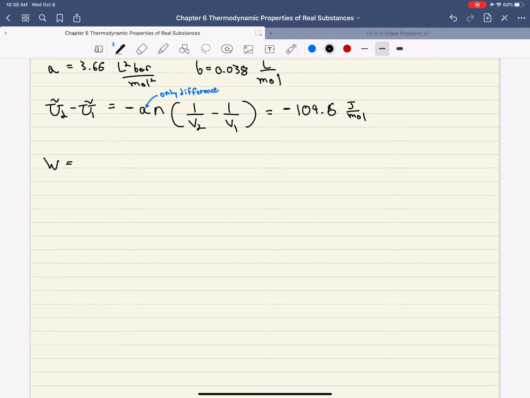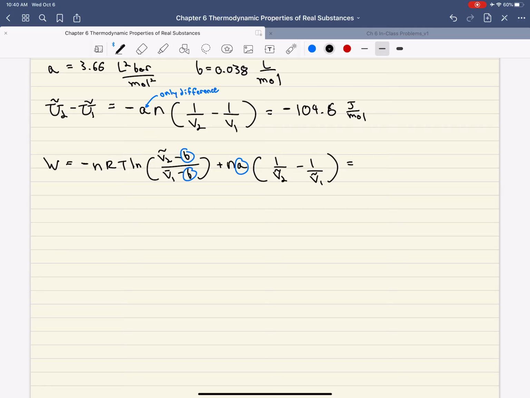And for the work, it's also still the same equation. But now the only differences are the B parameter is different, and once again the A parameter is different.